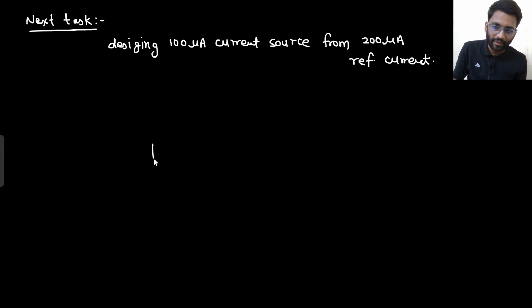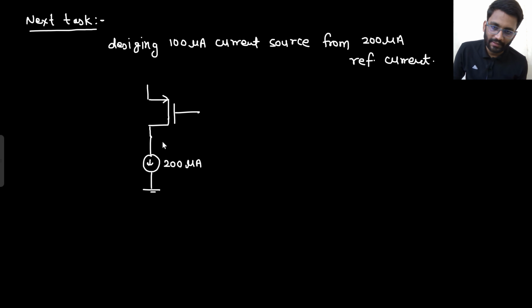So you are having a 200 microampere reference current. You will pass it through a PMOS, which is a diode connected transistor. You have only one supply, that is VDD.